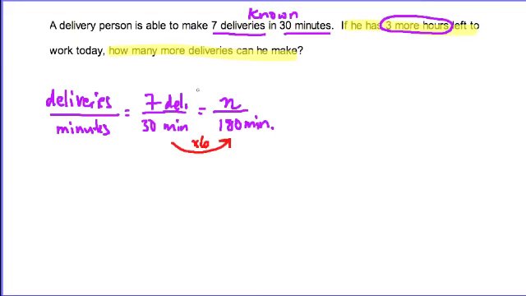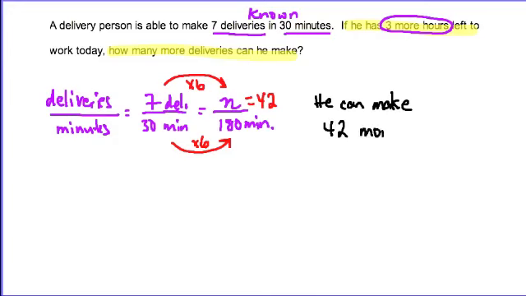So using the property of equality, I'm going to do the same thing to the top half of my proportion. 7 times 6 is 42. This is a really quick way of working this out. I'll write this as a word sentence in the end: he can make 42 more deliveries.